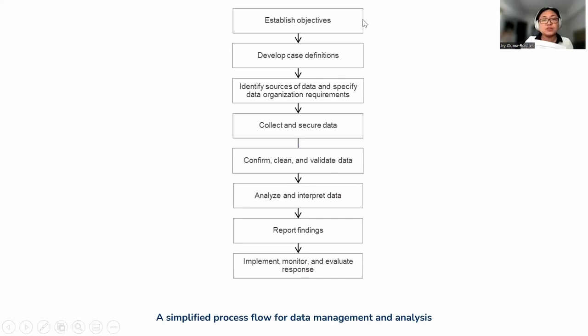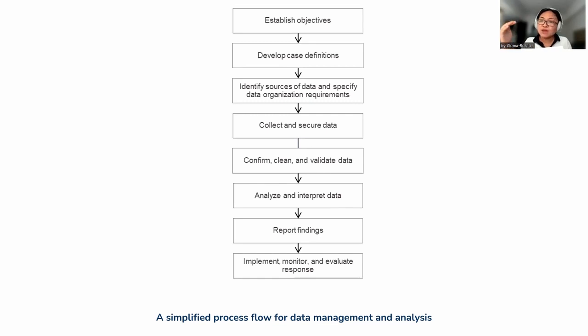So step one is really to establish your surveillance objectives, after which you will develop the case definitions. And when we say case definitions, you do not have to rewrite or redefine what is already defined, meaning you can follow what the Department of Health has defined already, or the World Health Organization.